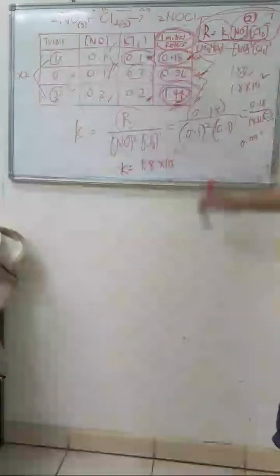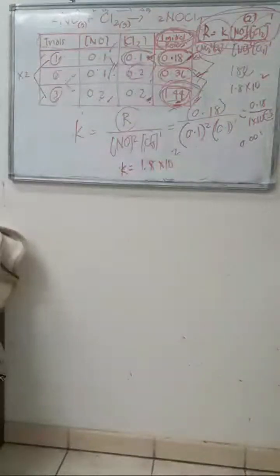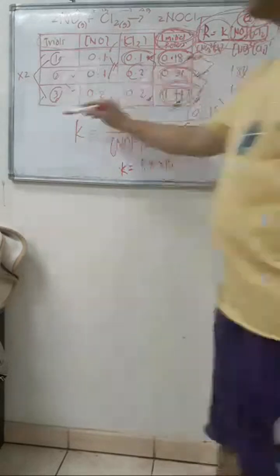The unit is your headache. What is your unit for this? Remember, there's no mention of the units here. Then if you add the overall reaction order, this is 3.